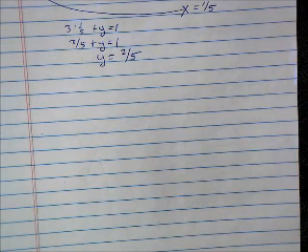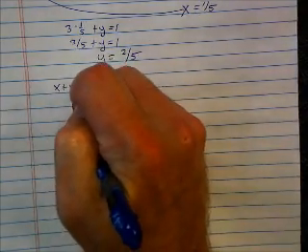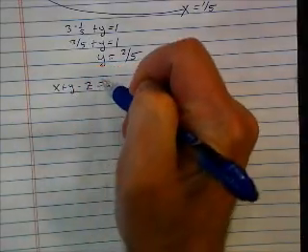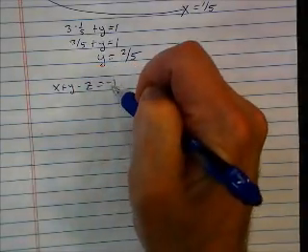I'll just pick one out of the book so that the answers come out nice. x plus y minus z equals negative 1.